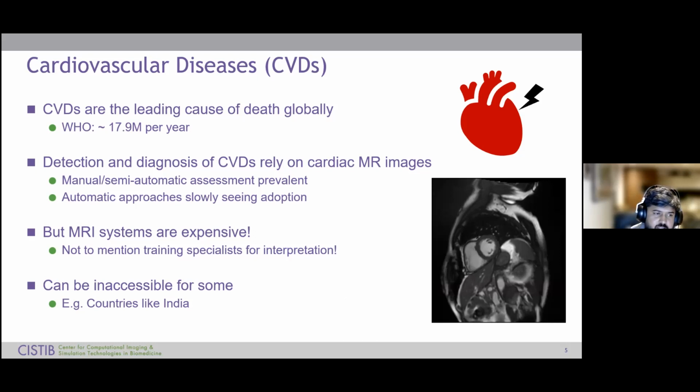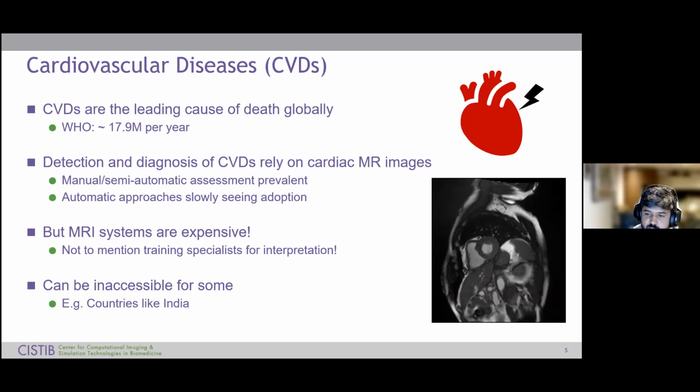So cardiac magnetic resonance images contain a lot of information that can be extracted about the structure of the heart and whether the function is normal or abnormal, or whether there is some pathology that affects the normal functioning of the heart.